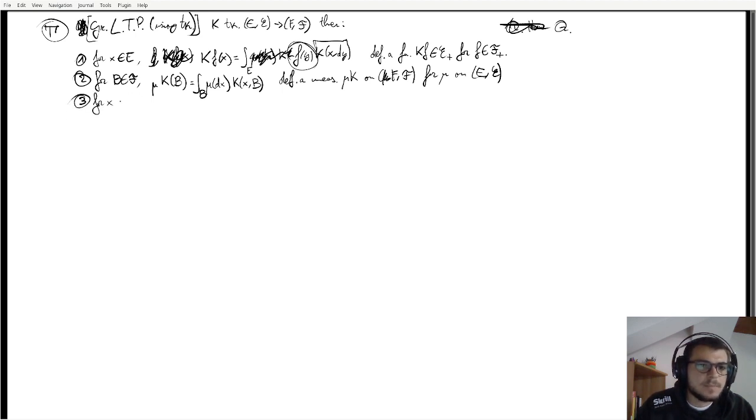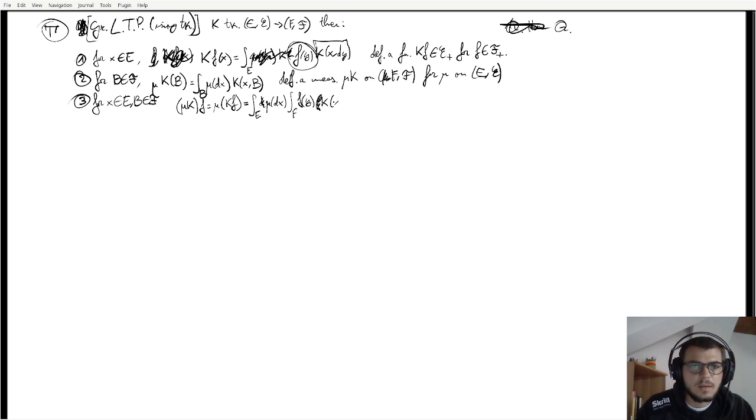Now for x in E, B in script F, we have that mu k of f is the same thing as mu of kf, and more explicitly the integral over E of mu dx, the integral over F of f of y, k of x dy.